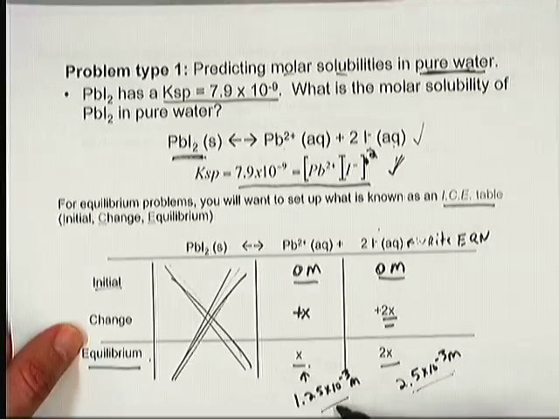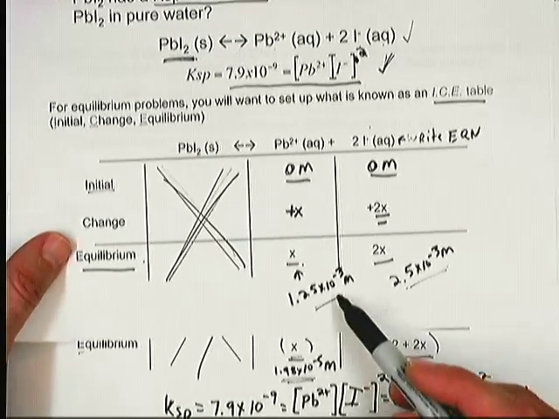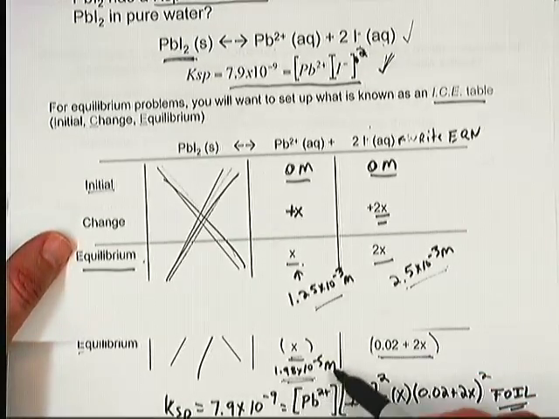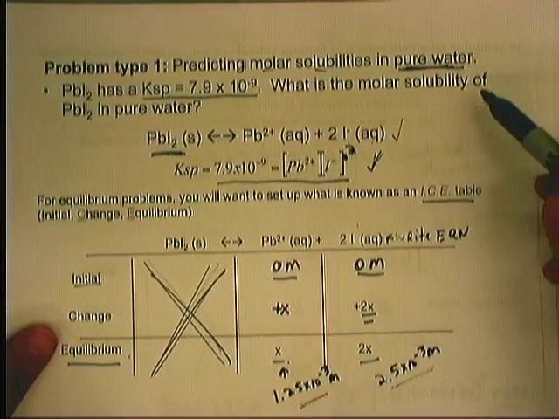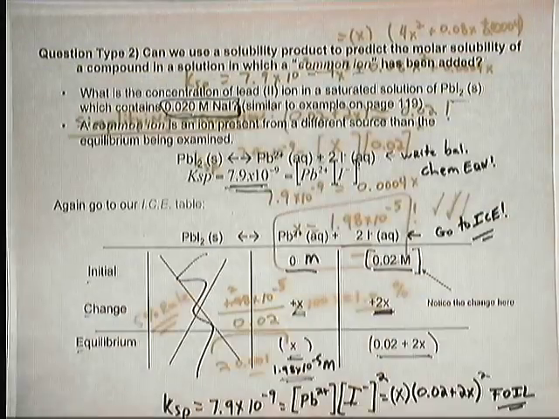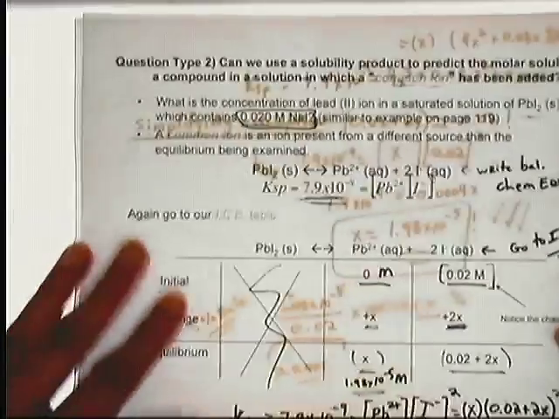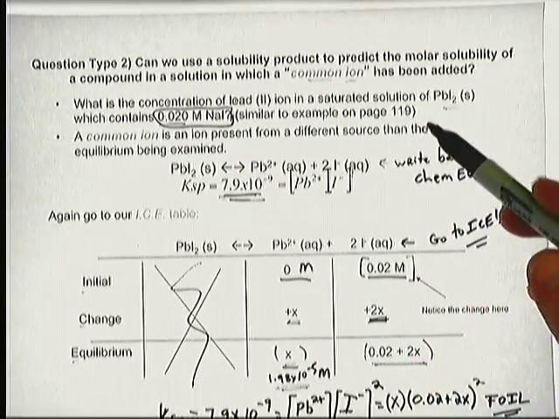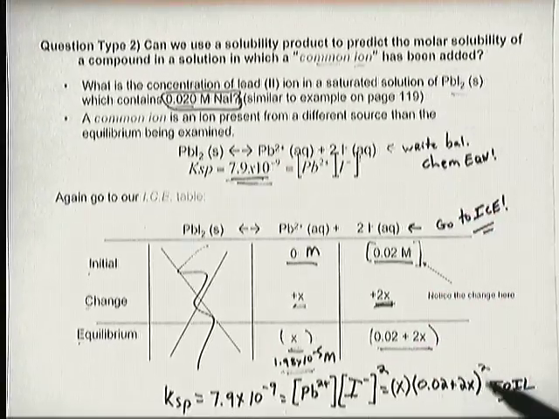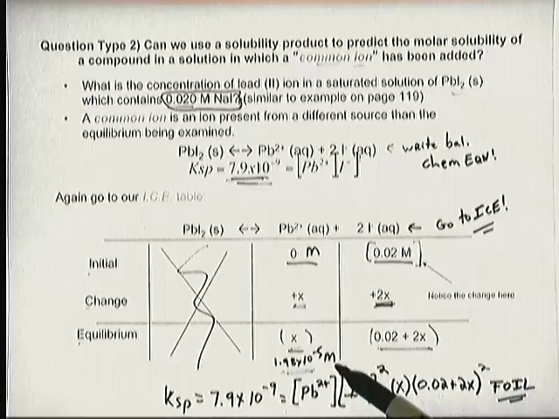There, it was 1 times 10 to the minus 3. So if we compare the values, we can see that in pure water, the solubility was much, much higher, while in the presence of a common ion, the solubility was significantly reduced.